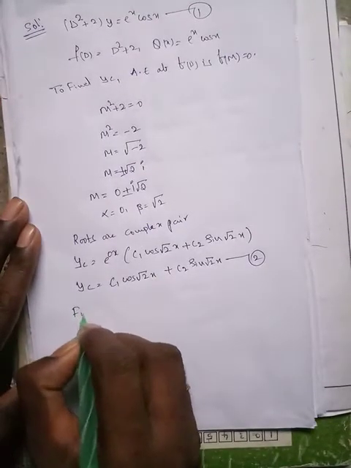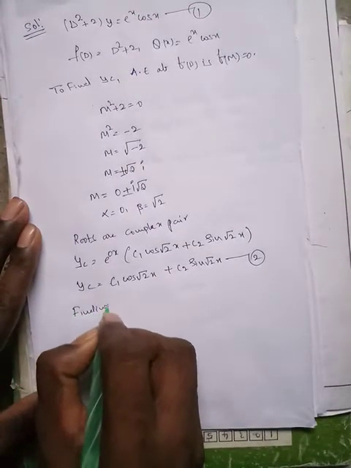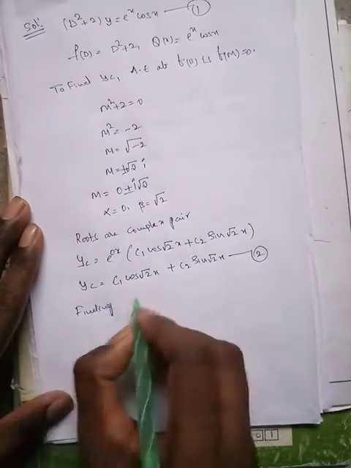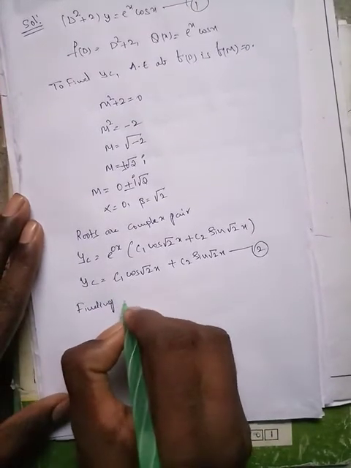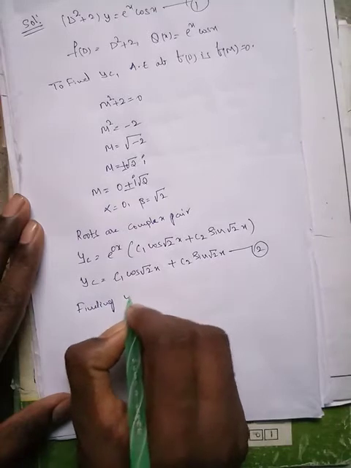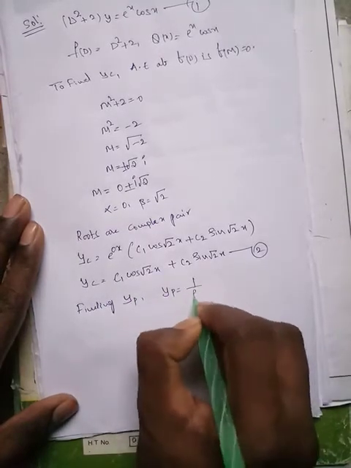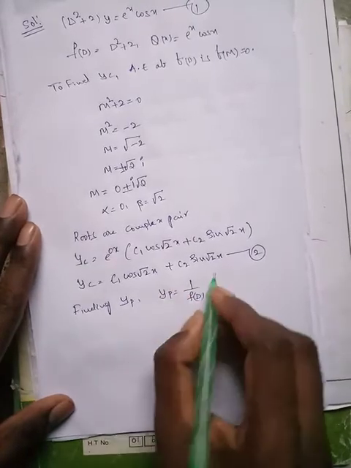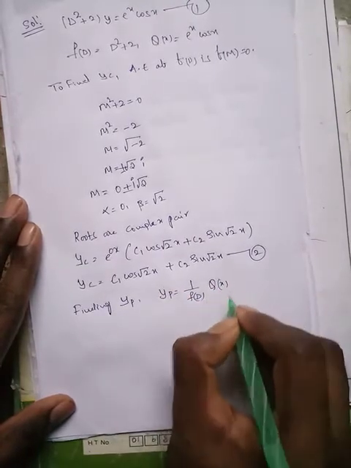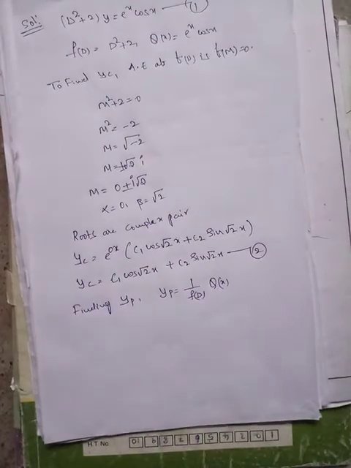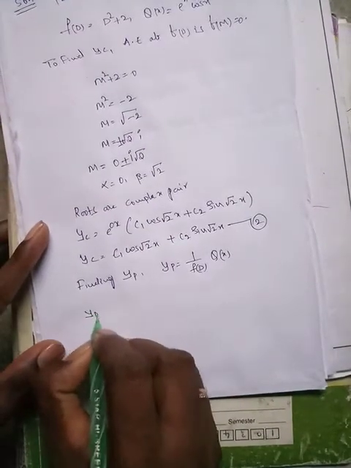Now we need to find yp. So yp equals 1 by f of d into q of x, right? So I'm substituting all values in this yp.